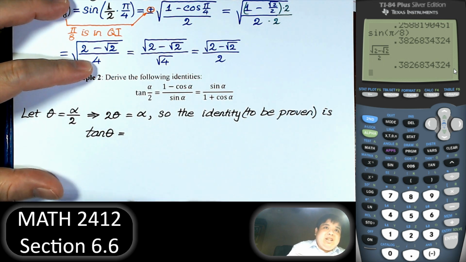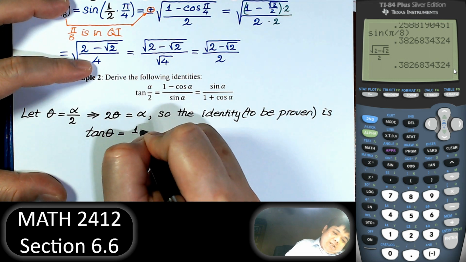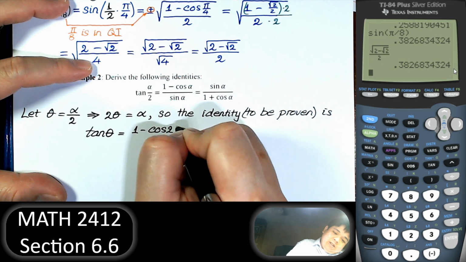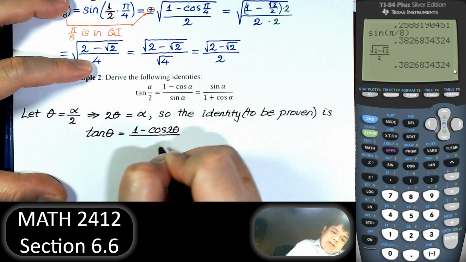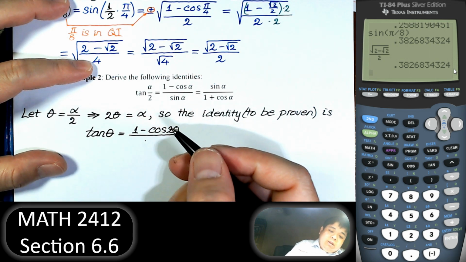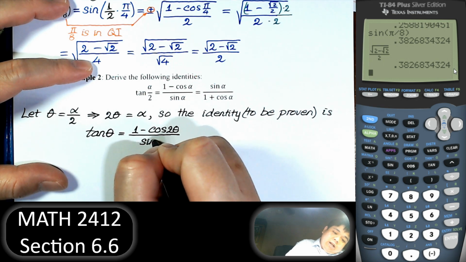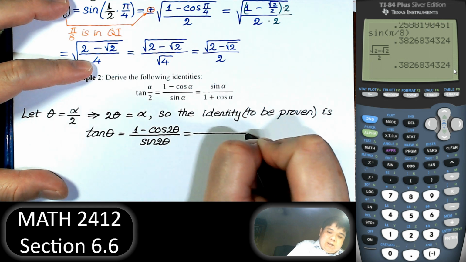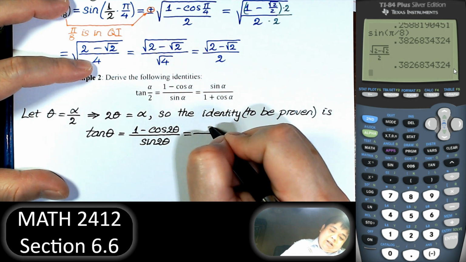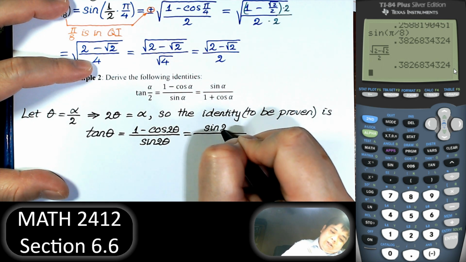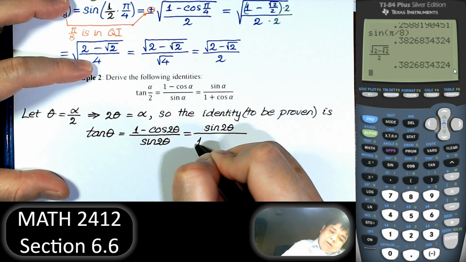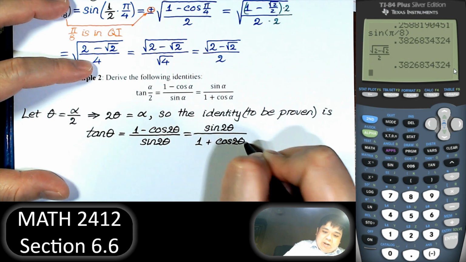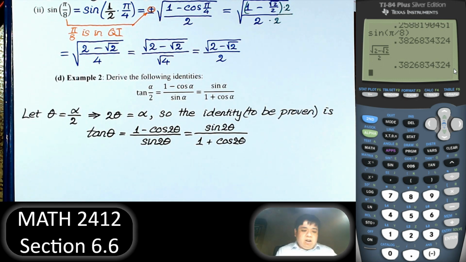And proving this is a lot easier. Alpha is 2 theta, so we have sine of 2 theta over 1 plus cosine of 2 theta. Right, prove it. This is a lot easier.